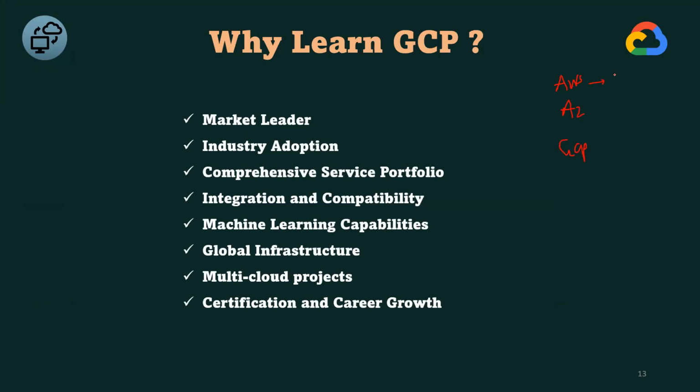The market share for AWS is around 35%, Azure is nearly 30%, and GCP is around 20, about 23 or so. So the market leader is AWS, taking almost 35%, this is more than 30%, and this is more than 20%.